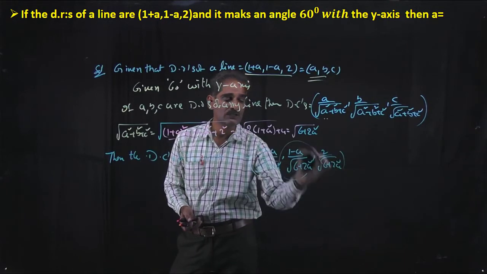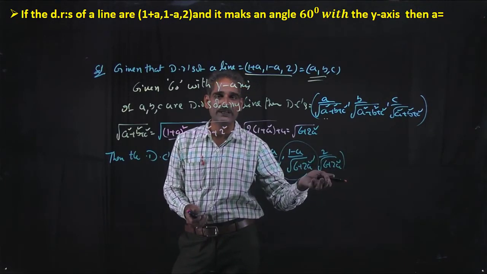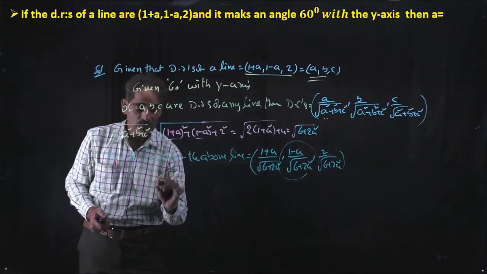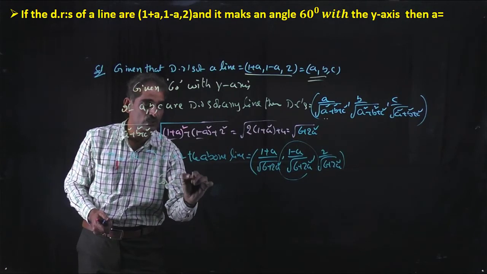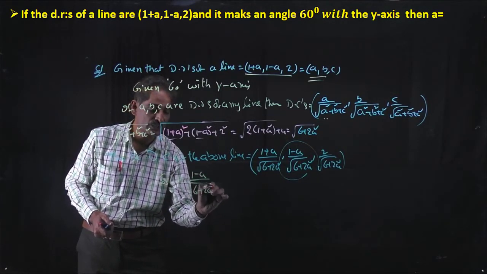No need to write all the values. Just equate the middle term to cos 60. This is nothing but cos 60 because this is the DC with respect to the y coordinate, that means the 60 degree angle made by the line with the y axis. Therefore cos 60 degrees is equal to 1 minus a by root of 6 plus 2a square.